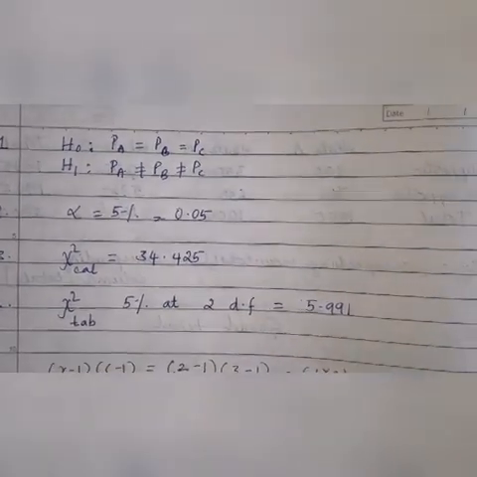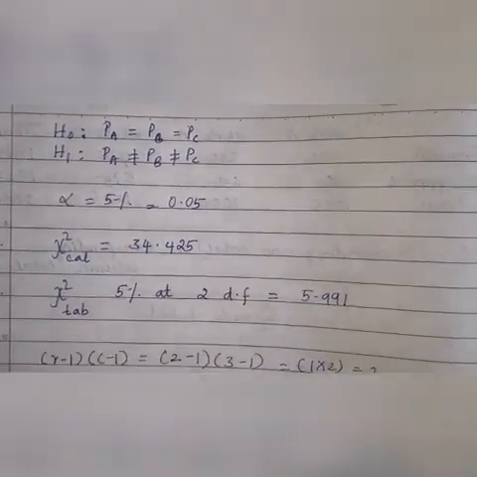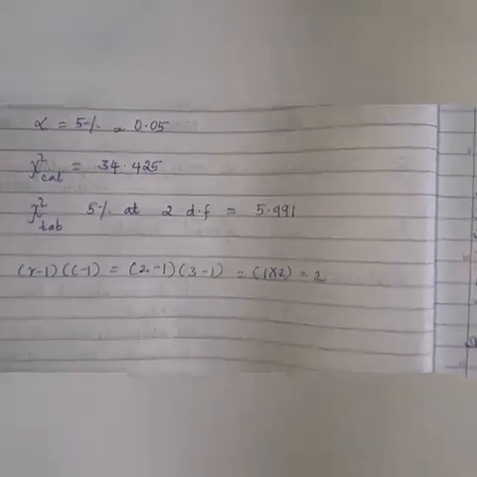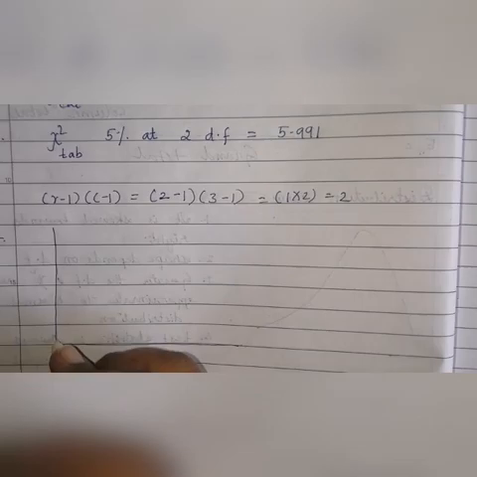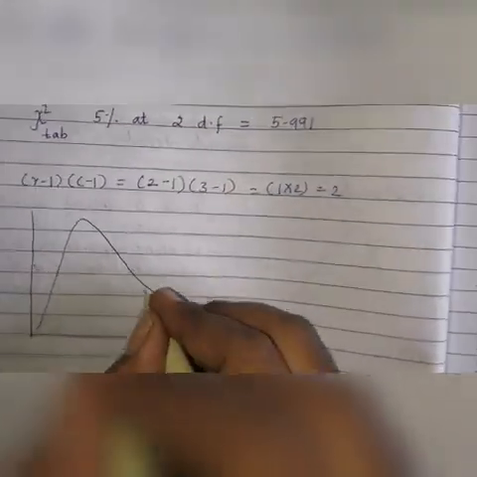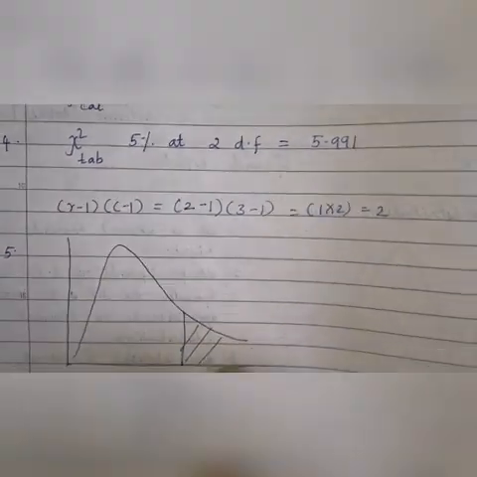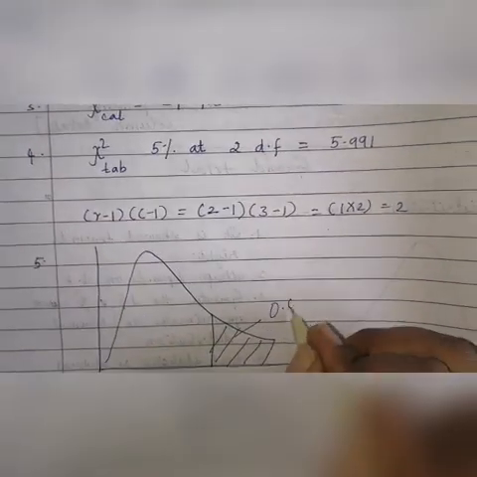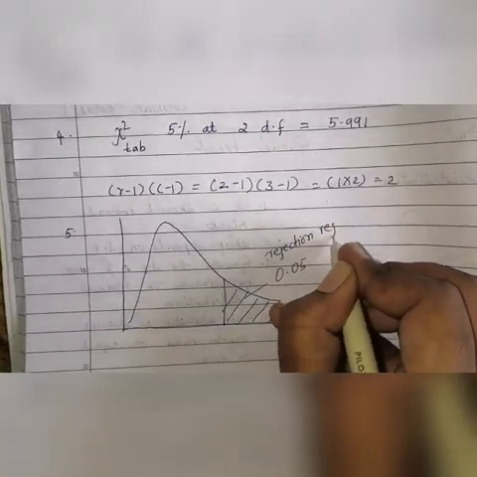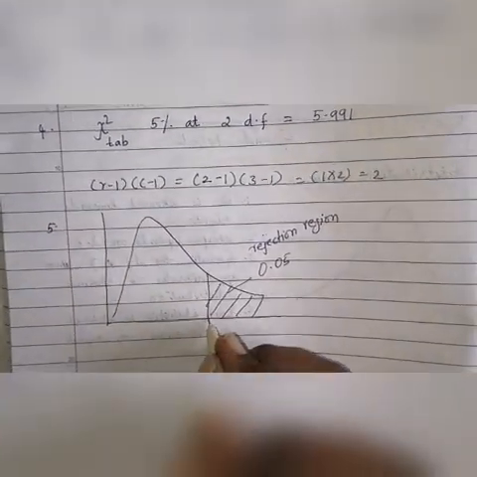Okay, now we have found the tabulated value. Now let us just draw the graph. Actually the graph is not necessary, but just for the sake of understanding, it is skewed towards the right. This is your rejection region at the 5% level of significance.